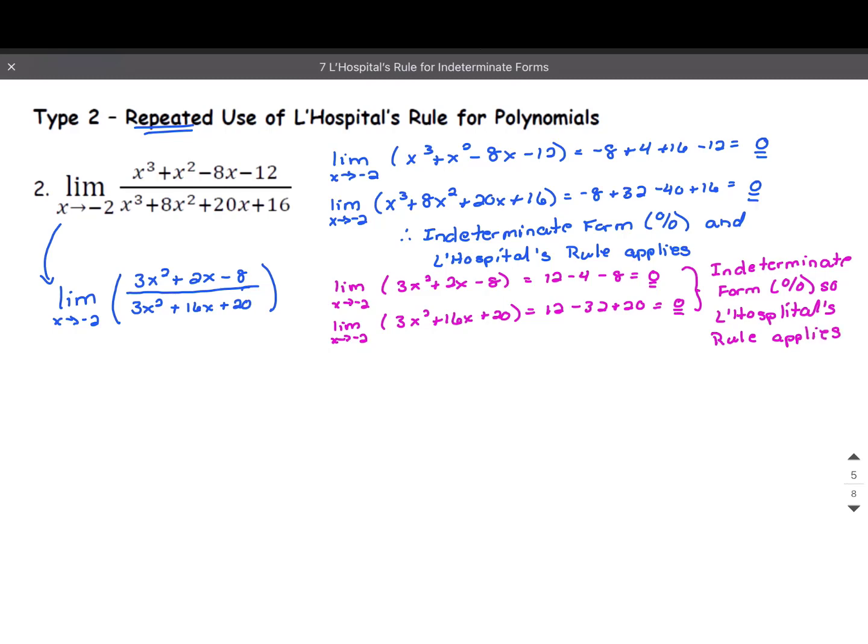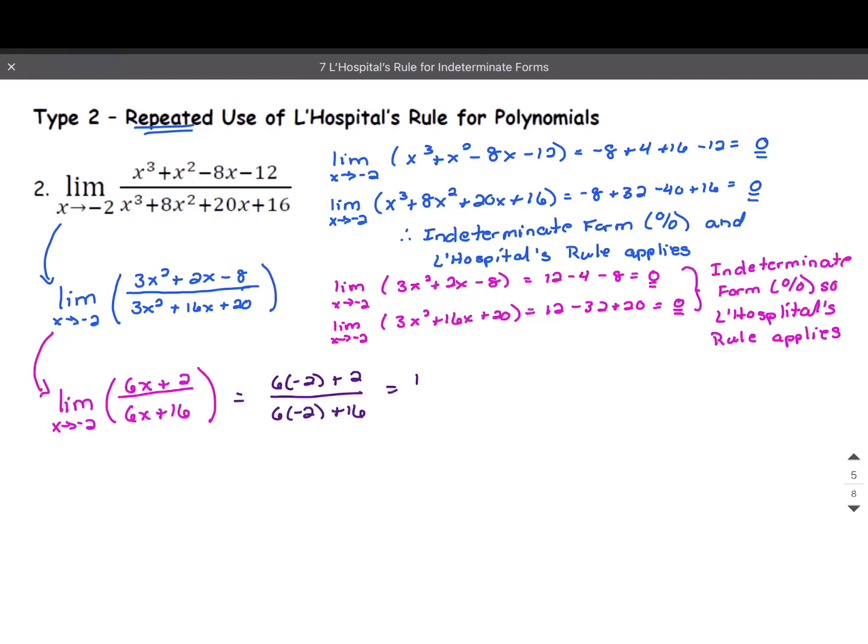So now we're going to take this and we're going to have the limit as x approaches negative 2 of the derivative of the top is 6x plus 2 over the derivative of the bottom is 6x plus 16. Now, I'm pretty sure if I do the substitution here that I'm not going to get 0 this time. So let's check. 6 times negative 2 plus 2 over 6 times negative 2 plus 16.